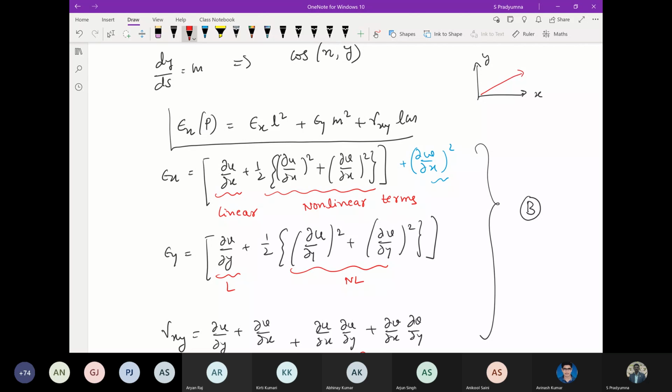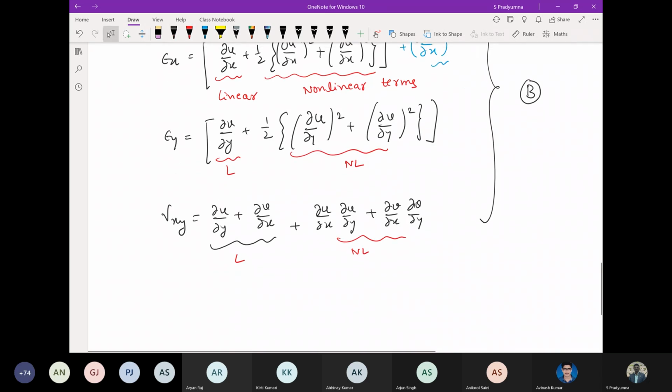I want to know what it is in this direction n, and what it is along the s direction. So that I can write from this expression. That means this is the angle we are looking at, right? Therefore, this equation is actually the transformation expression. So for any L and m, I can get the equation like this.